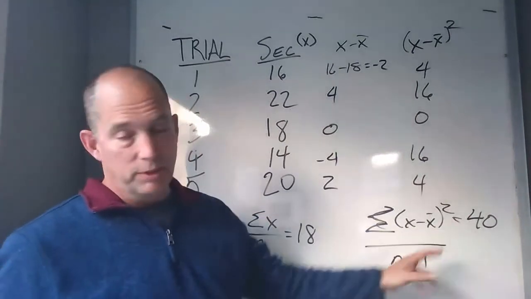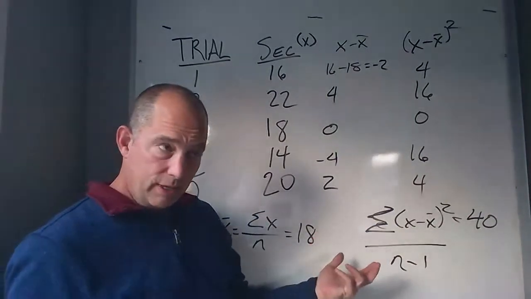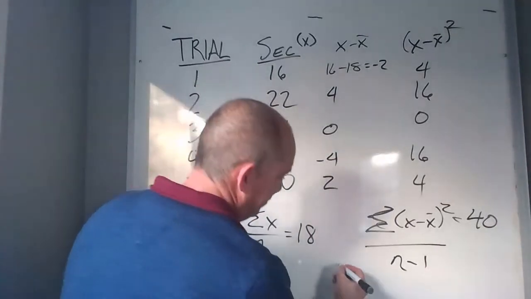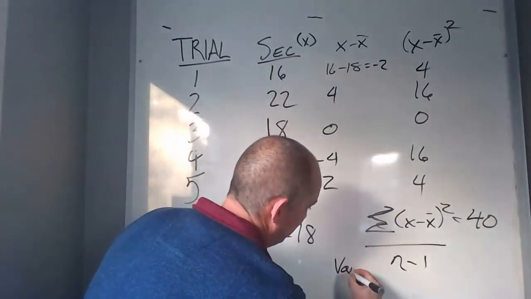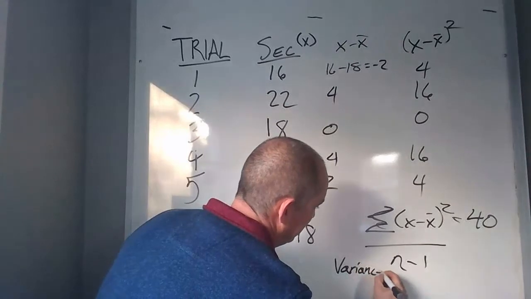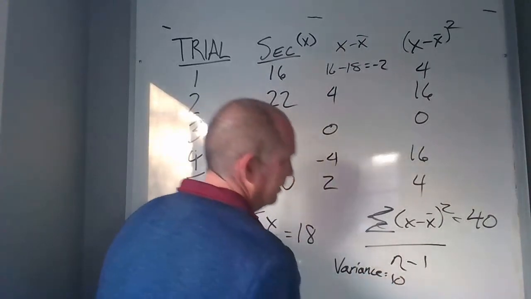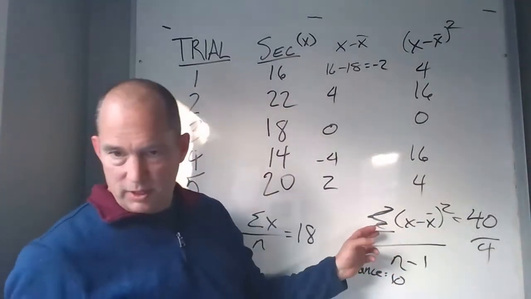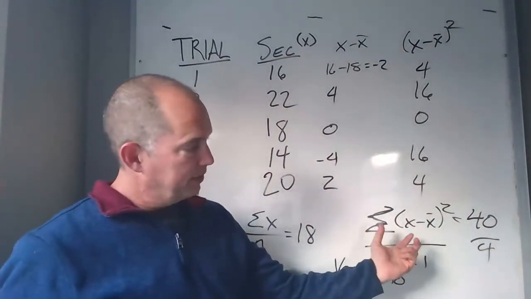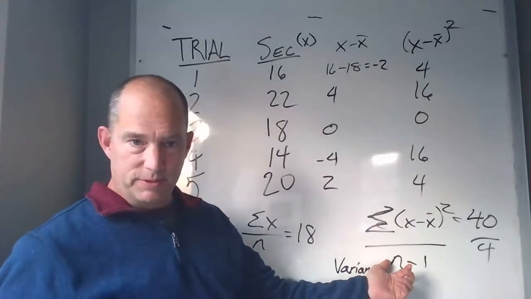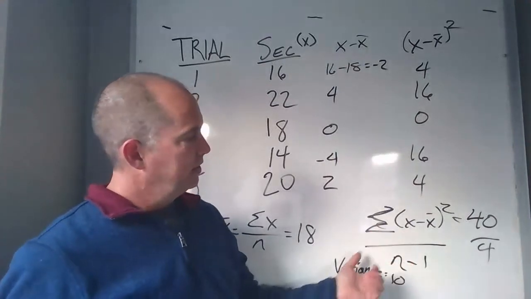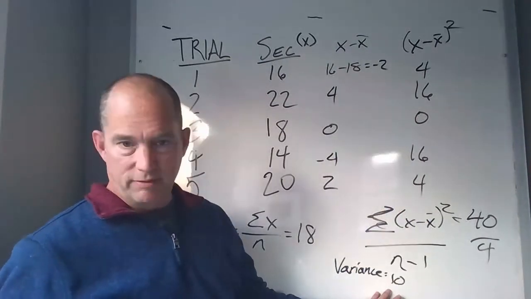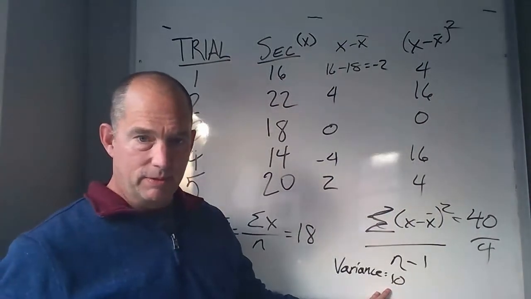And if I divide 40 by 4, I get 10, I think. This is what we call the variance. The sum of the squared deviations divided by the sample size minus 1 is 10. That's the variance of my sample.